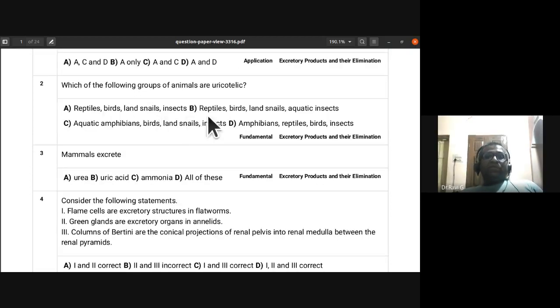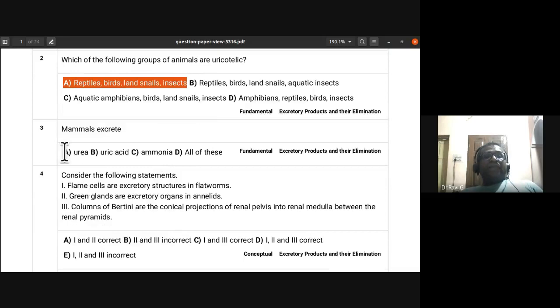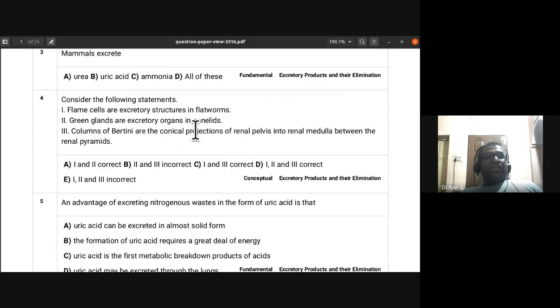Which of the following groups of animals are uricotelic? Reptiles, birds, land snails, and insects are all uricotelic. Mammals excrete urea. Consider the following statements. Flame cells are excretory structures in flatworms. Green glands are excretory organs in annelids. Columns of Bertini are the conical projections of renal cortex into renal medulla between the renal pyramids.